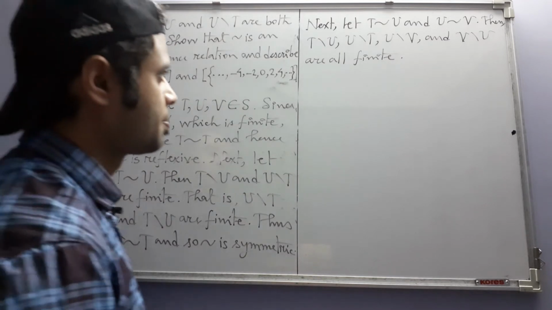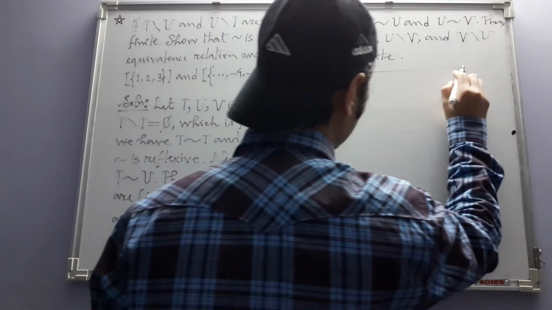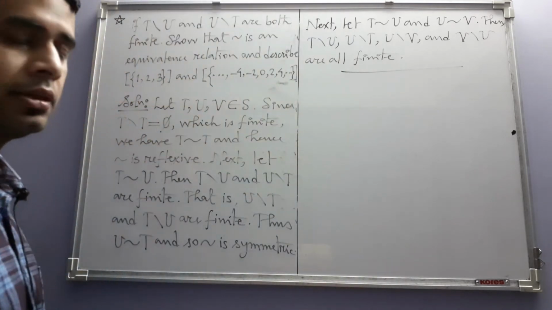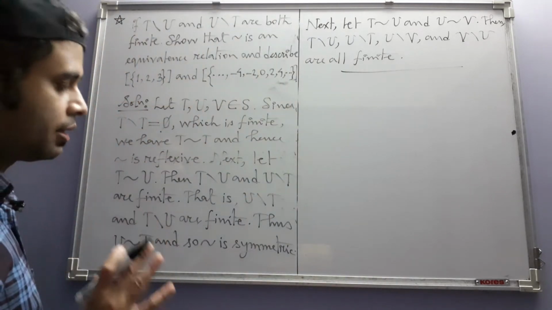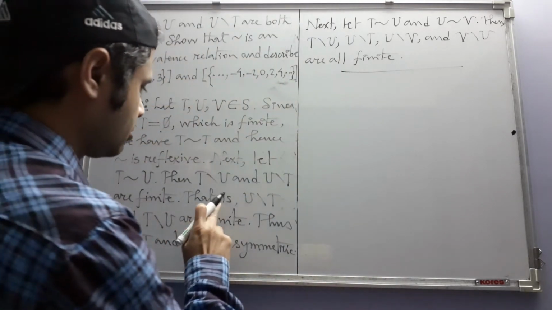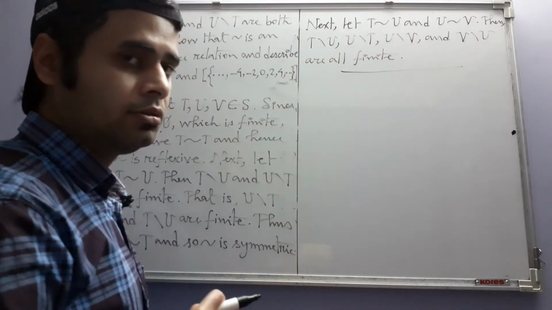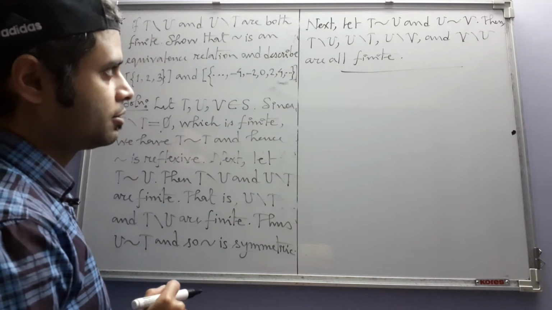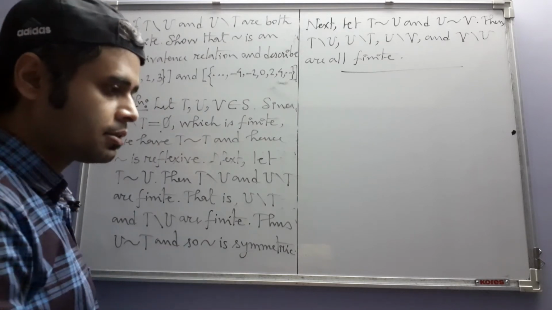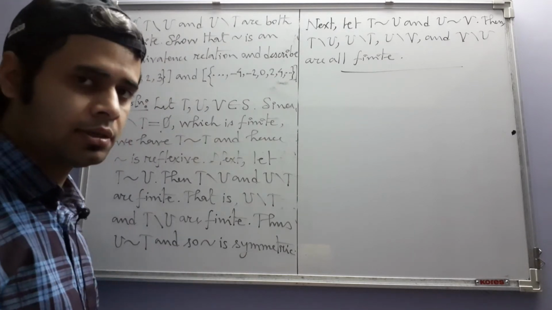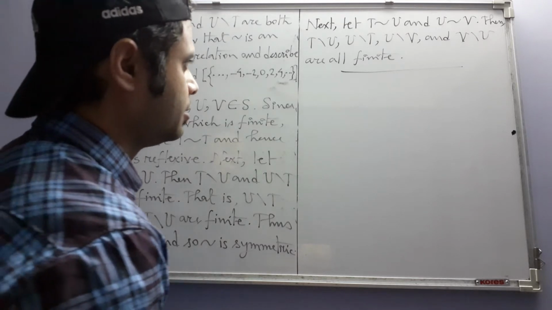Let us now guess some things. What is our aim? Our aim now is to show that T is related to V. That means we have to show that T difference V and V difference T are also both finite.